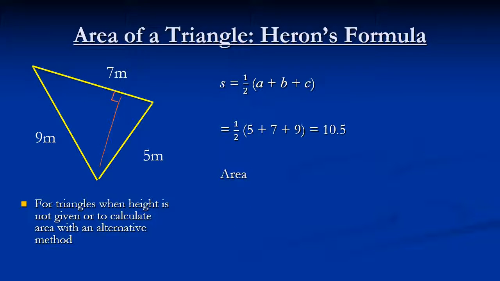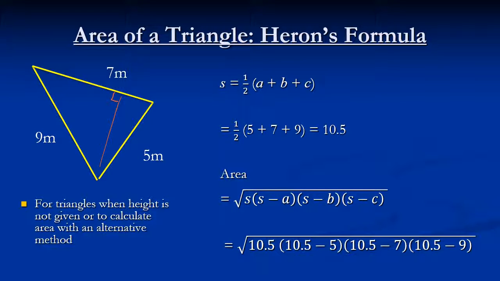Once we've got S, we can start to substitute into the formula. So Heron's formula is the square root of S times S minus A multiplied by S minus B multiplied by S minus C. So let's substitute into our formula.